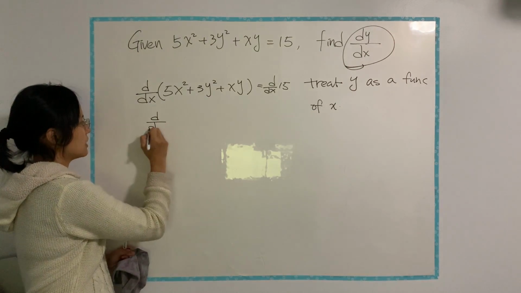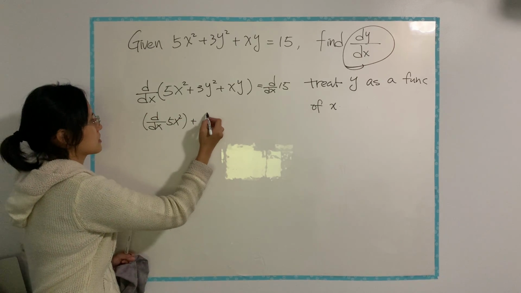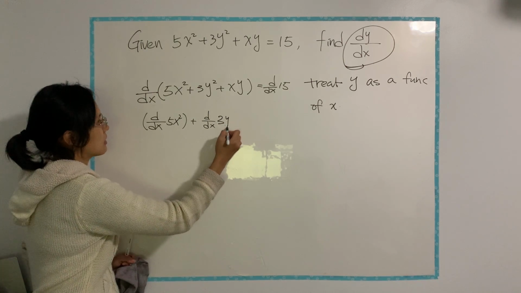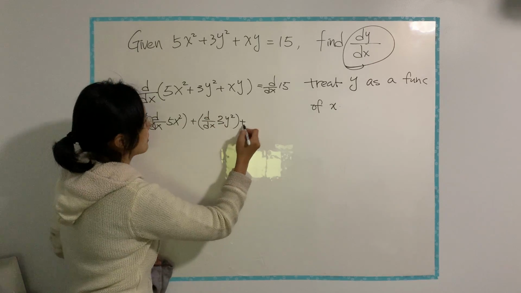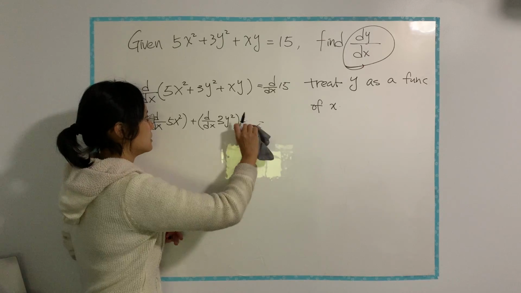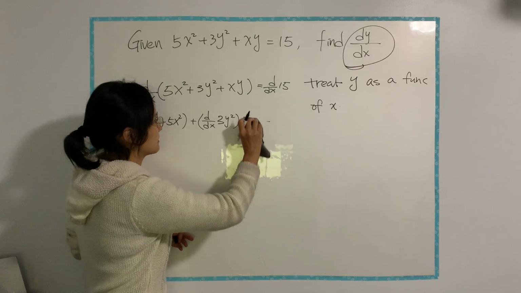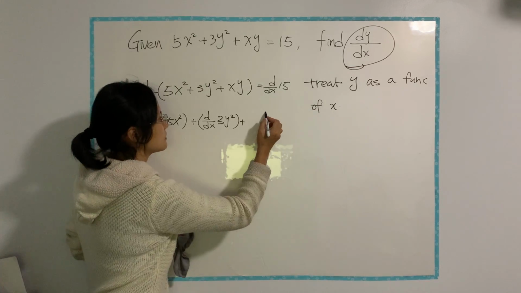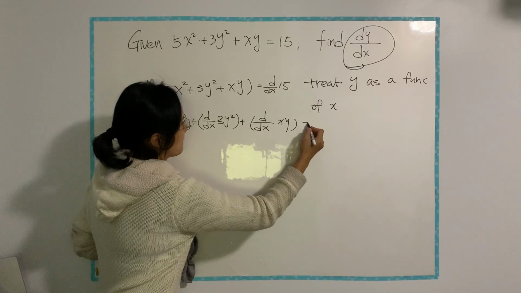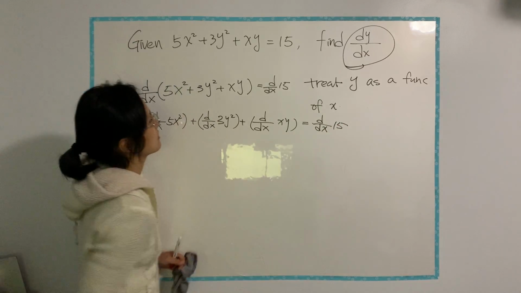So you have d/dx of 5x squared plus d/dx of 3y squared plus d/dx of xy, that will equal the derivative of 15, right?